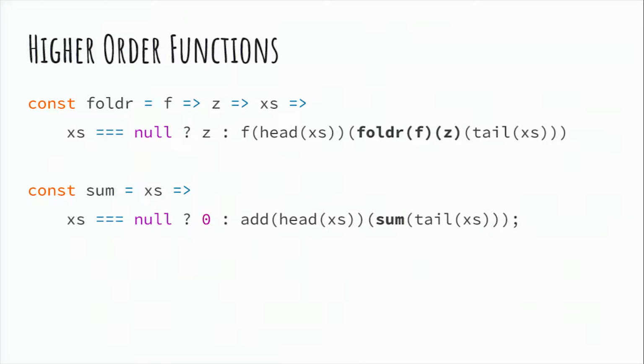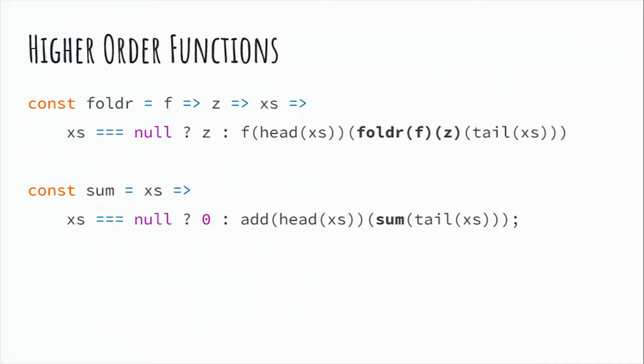And then we even have the recursion, because fold right of f of z should be apparently the same as sum. So what fold right does is it takes a function to apply, like add, a start value, z, and then takes a list and does a fold. And sum just takes a list and then recurses.